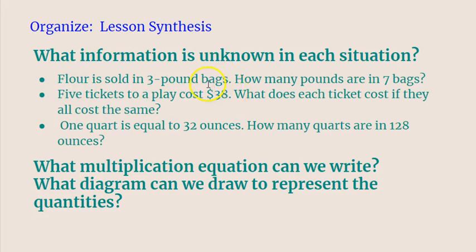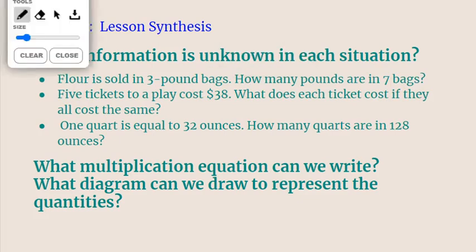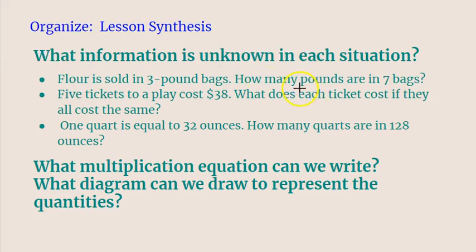Flour is sold in 3-pound bags. How many pounds are in 7 bags? Yeah, we're trying to figure out the total pounds, right? Here, you're talking 3 bags times 7 gives us some answer, right? What about here? 5 tickets to a play cost $38.